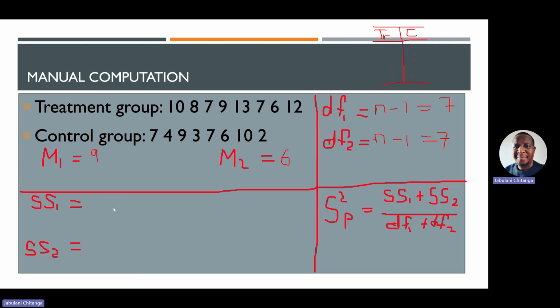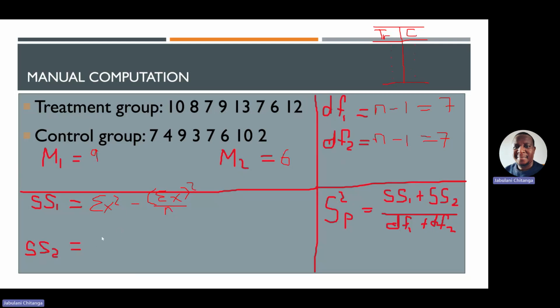So we have the mean and the degrees of freedom. Here we are set for the calculation of the pooled variance. But what we don't have is the sum of squared deviations. The formula for that is the sum of squared x's minus the sum of x, squared, divided by n.